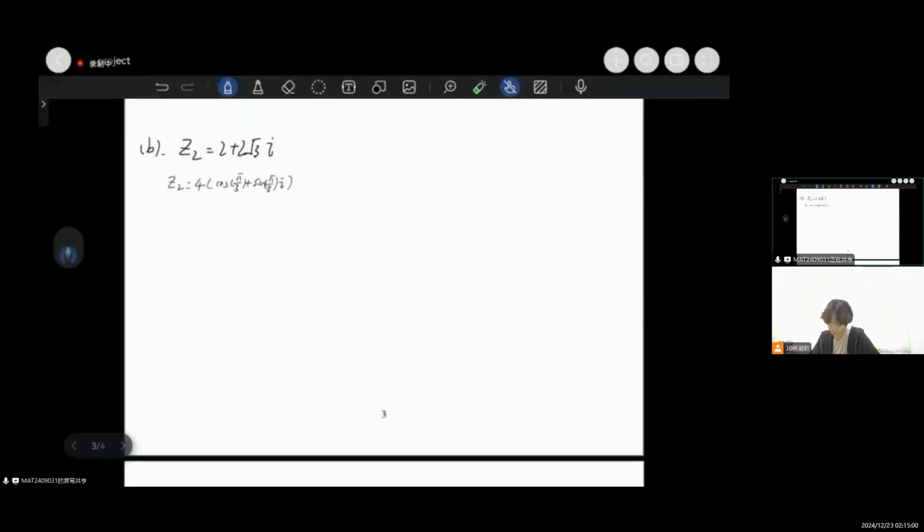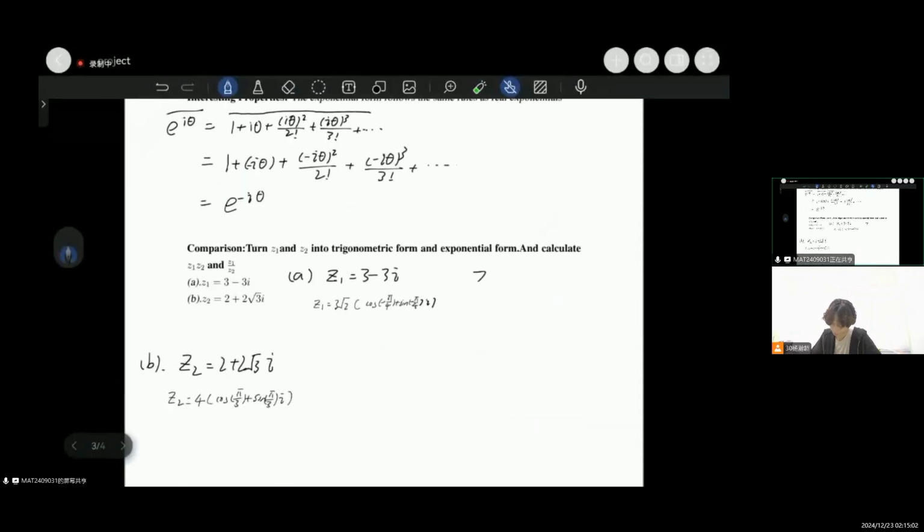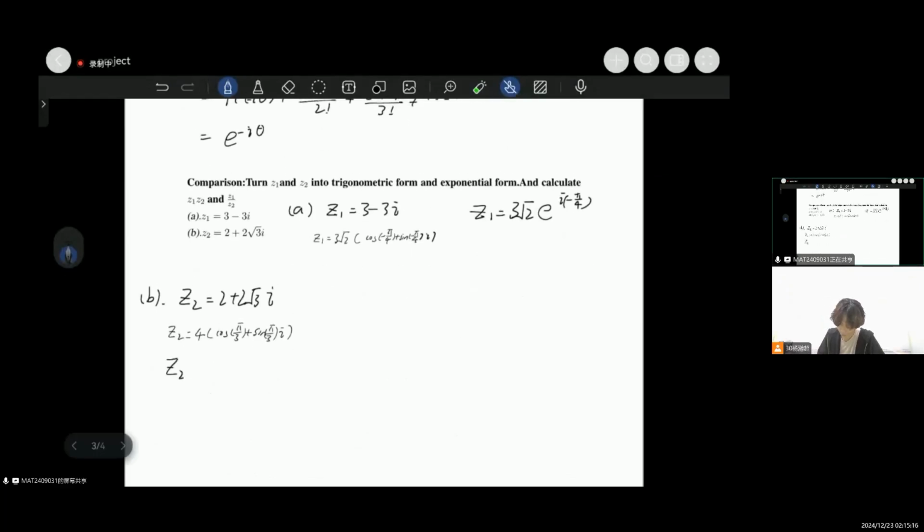And z1's exponential form is equal to this, the argument is minus pi over 4, and z2 is 4 multiplied by e to the i multiplied by pi over 3.